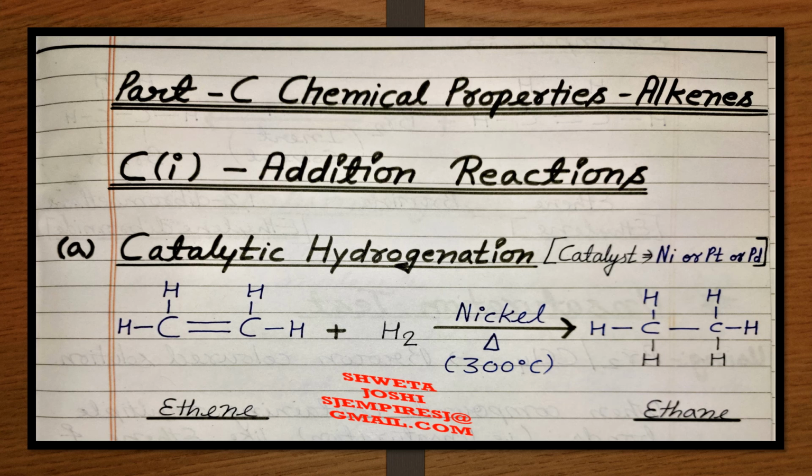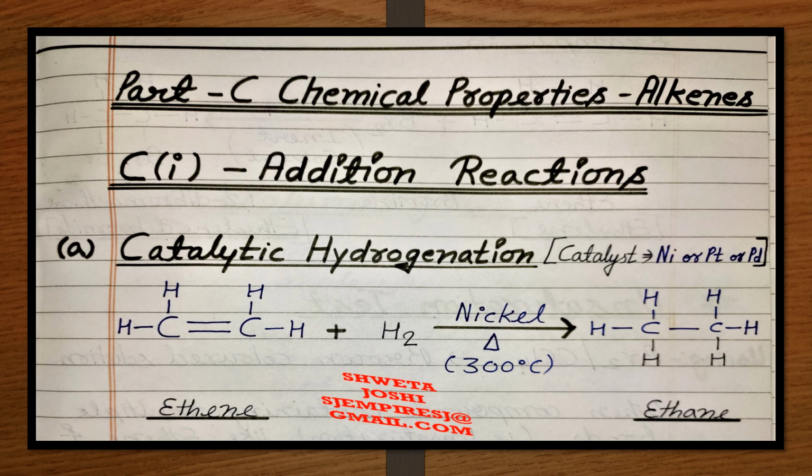Now first of all, covering our first chemical property, which is addition reactions. Addition reactions take place around the double bond in the case of alkenes. The atoms of the attacking molecule get attached around the carbon atoms, satisfying its valencies.